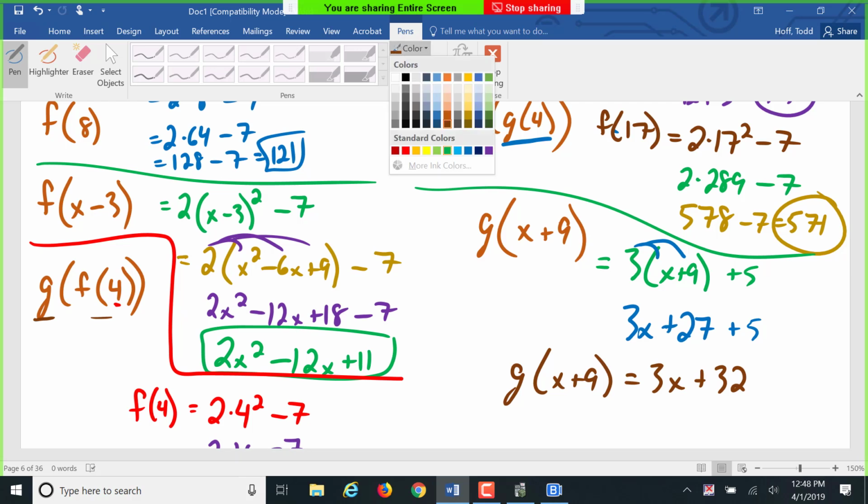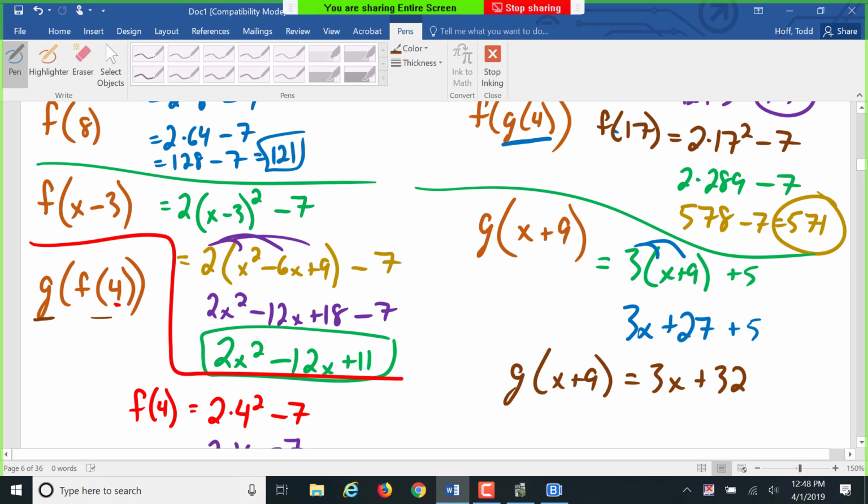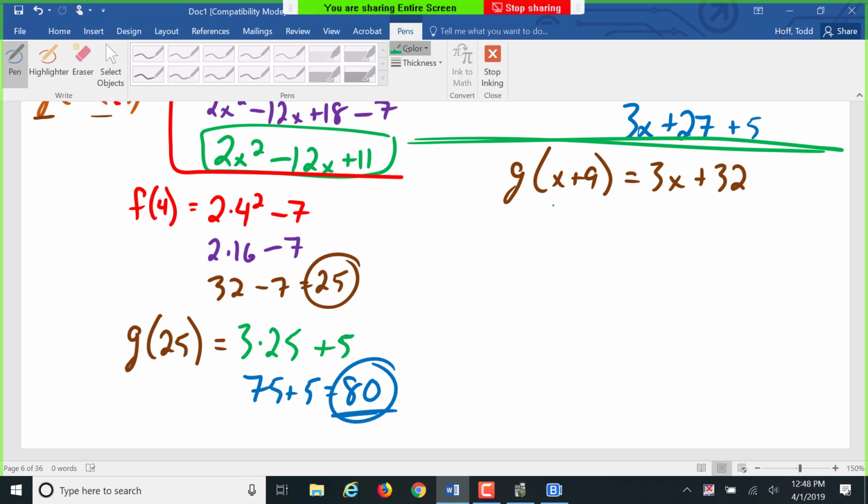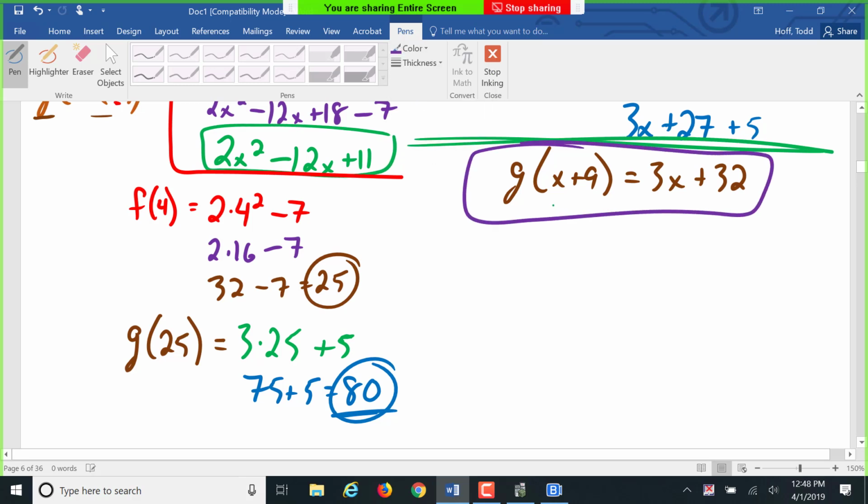Now I want to take a look at this. We're going to forget that we saw g of x up above. If I tell you that this is g of x plus 9, and I want to know what is g of x, how do I get from g of x plus 9 back to just g of x? Maybe just minus 9?